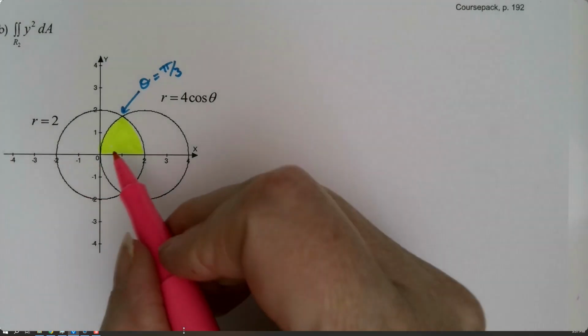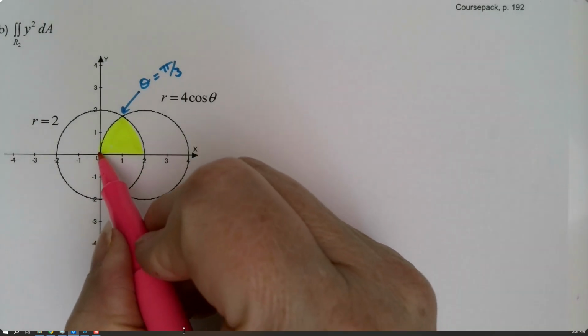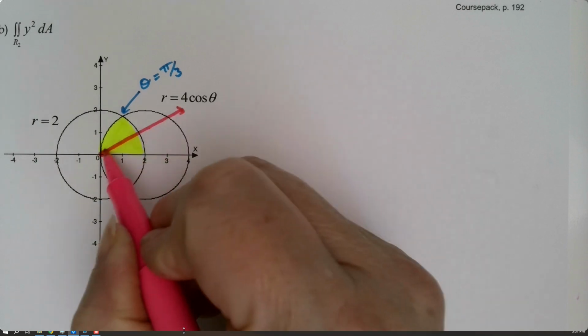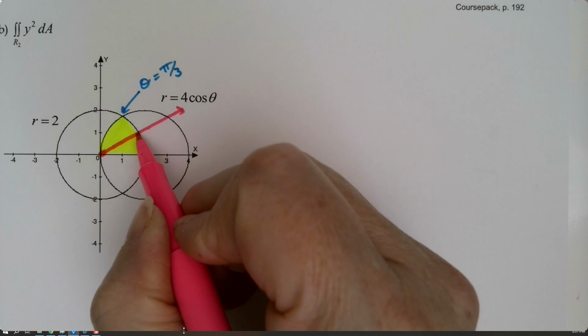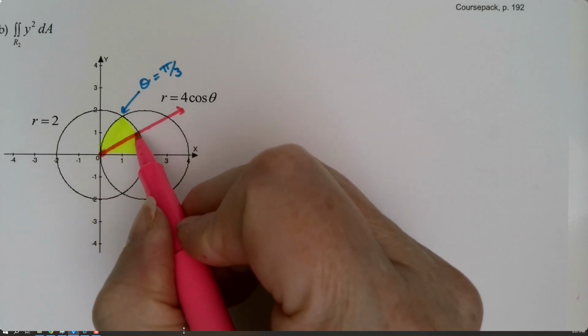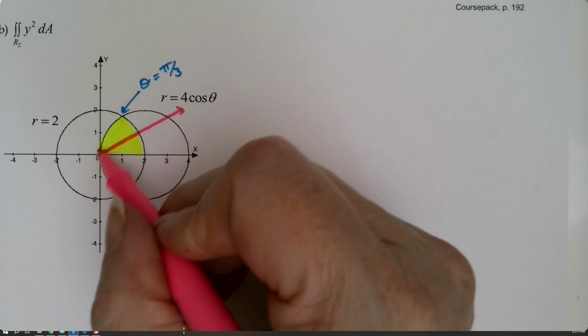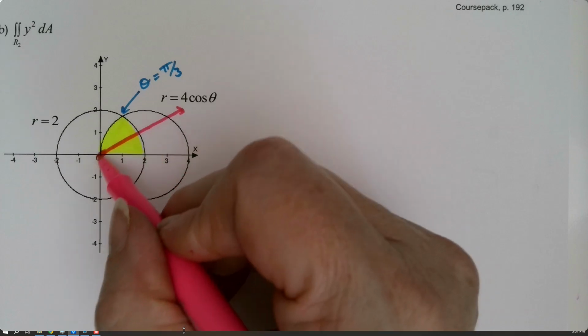But we have a problem. If you have a spoke coming out from the origin this way, it's going to hit that ring right there. No problem. 0 to 2. Wonderful. But that only works until you get to here, until you get to that pi over 3.